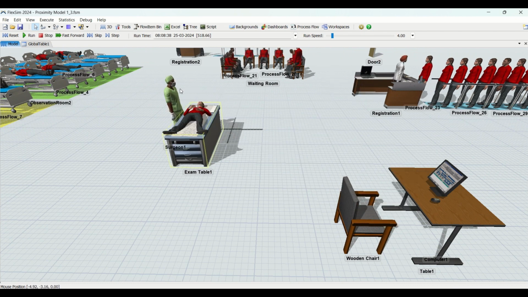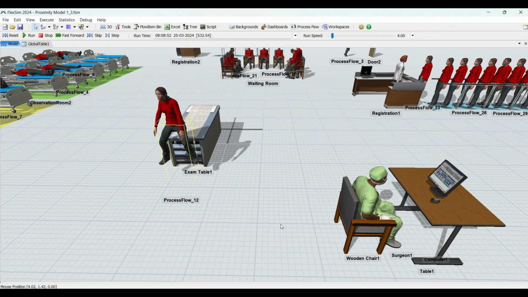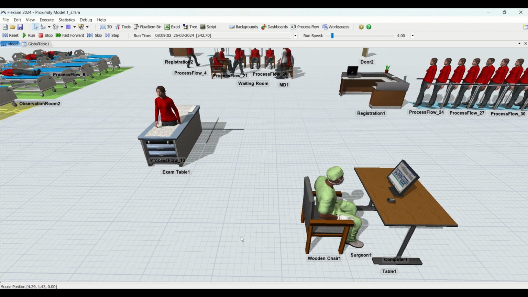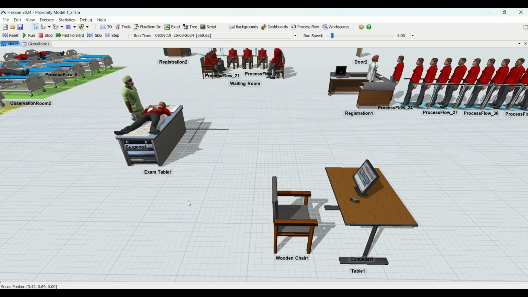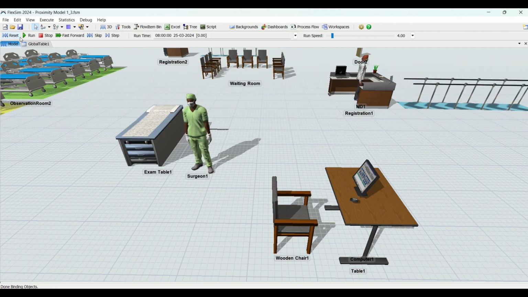The doctor examines the patient and puts all his tasks into the PC. So let us reset the simulation model and run it again.